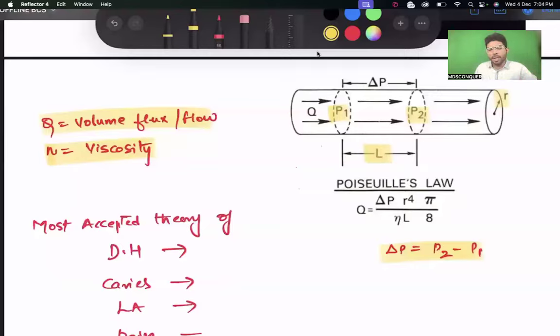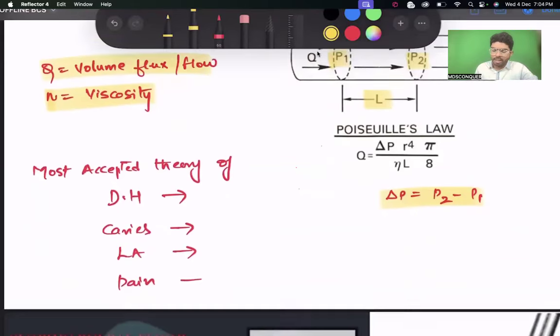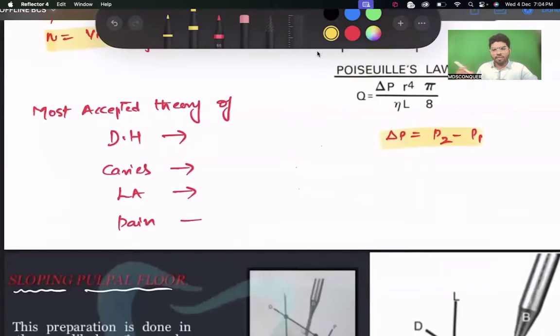Basically, in operative dentistry, this comes whenever I'm talking about dentinal hypersensitivity, dentinal fluids, because there you're going to have the movement of the fluid. So the most acceptable theory of dentinal hypersensitivity is the hydrodynamic theory.